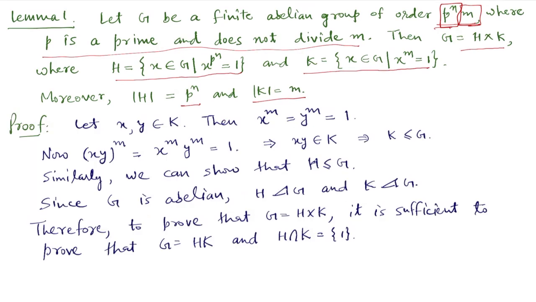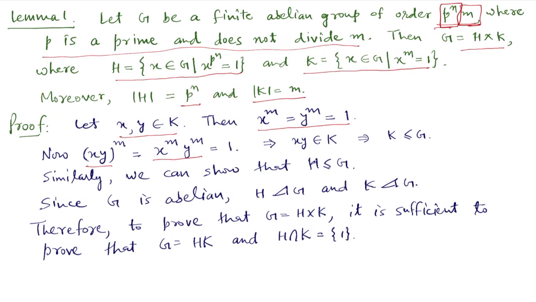Let us start proving the lemma. We first observe that H and K are subgroups of G. If x and y are 2 elements in K, then by definition of K, x and y are both killed by m. Now (xy) raised to the power m becomes x to the power m times y raised to the power m because G is abelian.